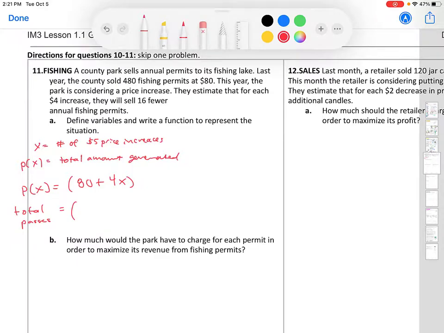So we have 480 fishing permits, and 16 fewer is minus 16x. Okay, so then I just need to multiply those two.